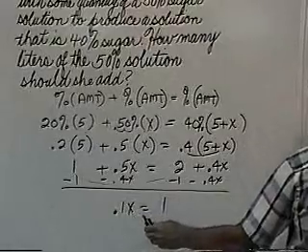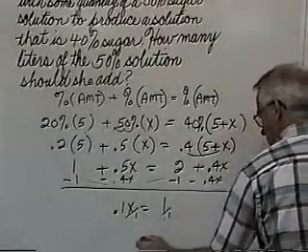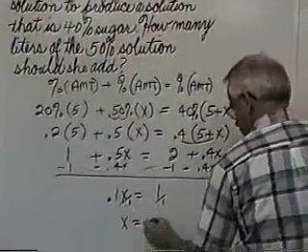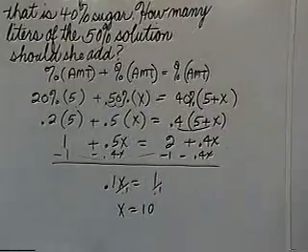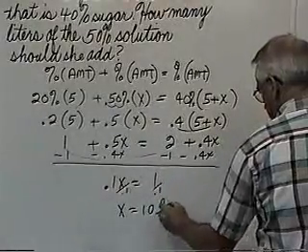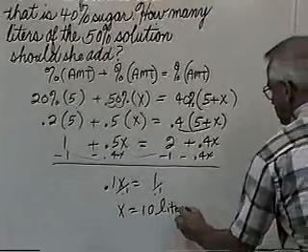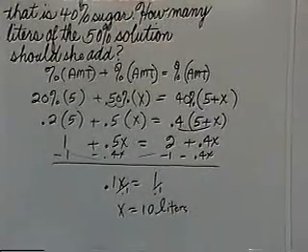Now this is connected by multiplication, therefore we divide. And so we get x is equal to 10. So therefore we must say x is 10 liters of the mixture. All right, let's look at the next example.